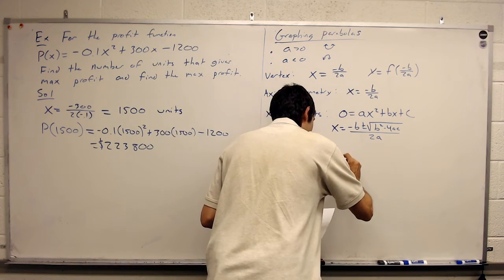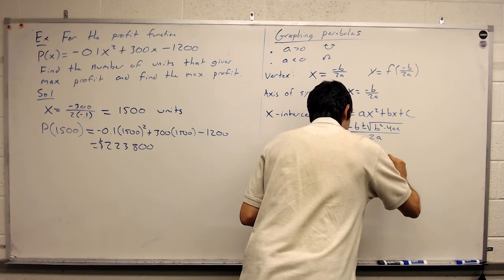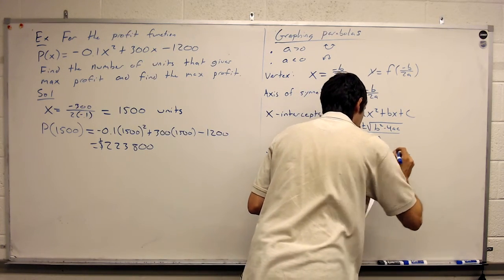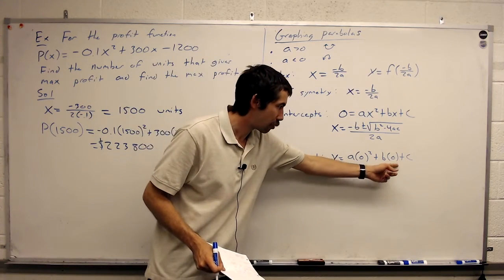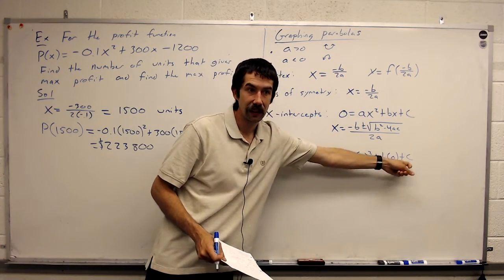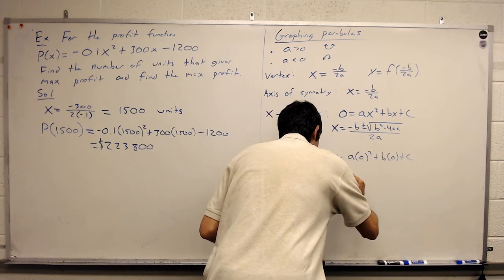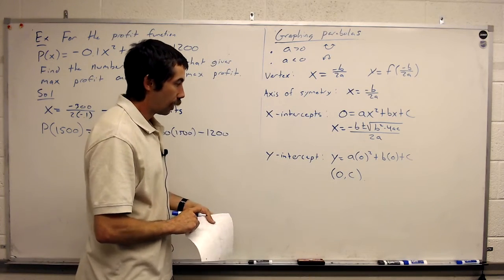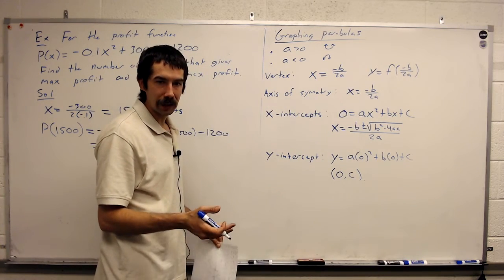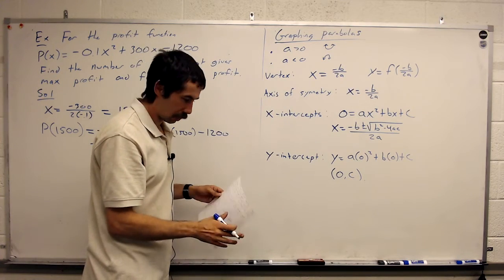So it's y equals a times 0 squared plus b times 0 plus c. This term goes to 0. This term goes to 0. C is our y-intercept. So our y-intercept is the point (0, c). If we have all of this information, we put it together, we're going to have a beautiful graph of a parabola.